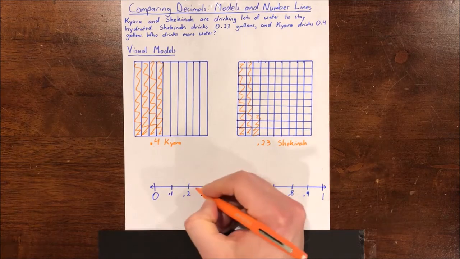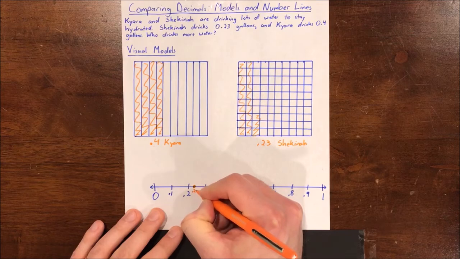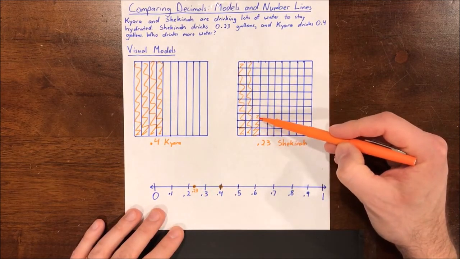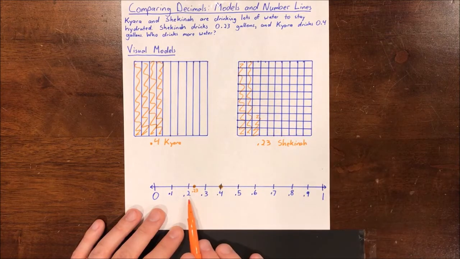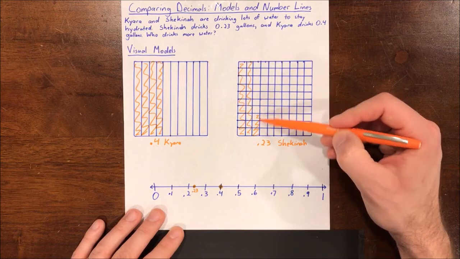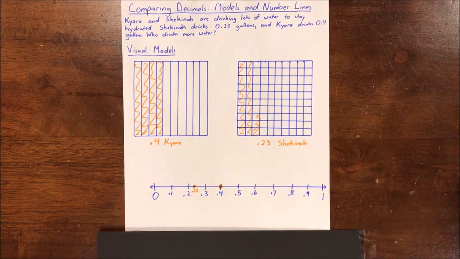Yeah, it's going to be a little bit closer to 2/10. We'll put it right here, because 23 hundredths has 3 hundredths, and halfway to 3/10 would be 5 hundredths. We're less than that, so we're still a little bit closer to 2/10. Okay.